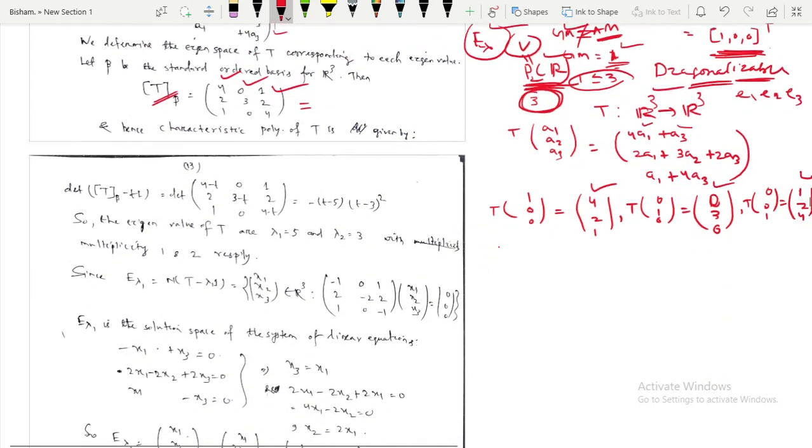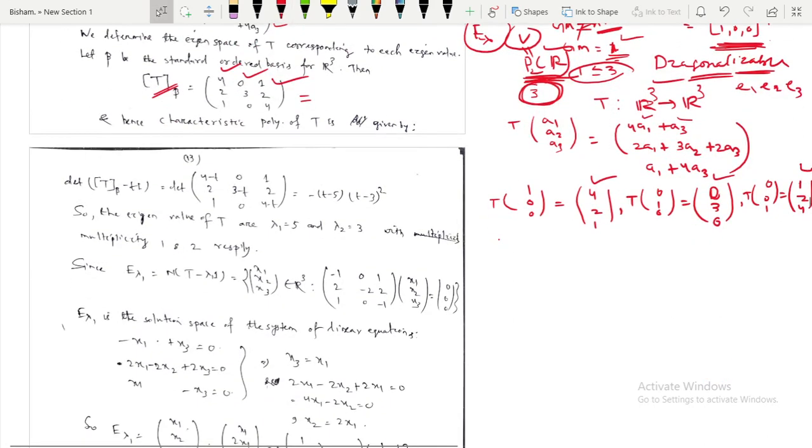Then once you find the matrix, suppose this is A, you find the characteristic polynomial, the determinant of A minus tI. The determinant of A minus tI is minus (t minus 5) times (t minus 3) whole square.